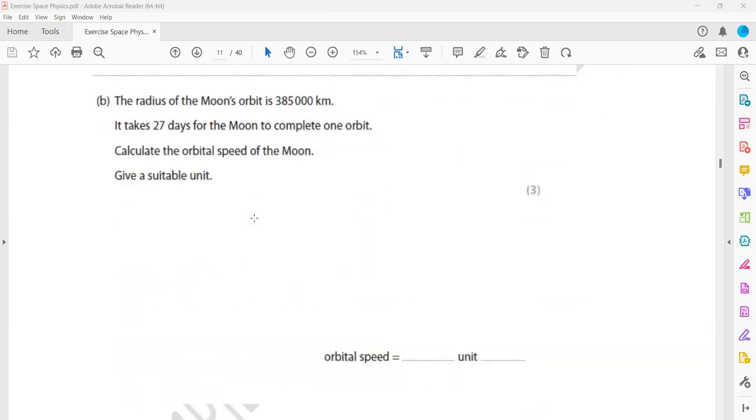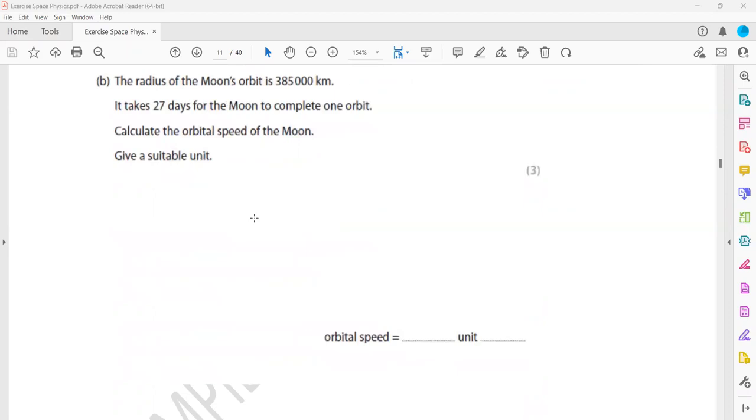The next one, the radius of the moon's orbit. The next question: for example, this is our Earth, and this is the moon.